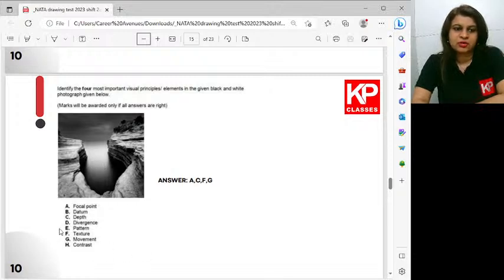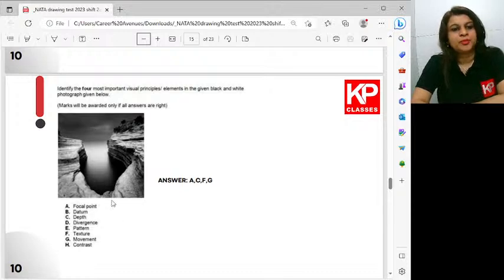You're not focusing on the sides or anything, but this is straight away where you are focusing. Then we have depth. Of course, it's very predominant that we have a sense of depth over here. We do have a lot of texture, the texture of the rock, the texture of the water, or the sky.